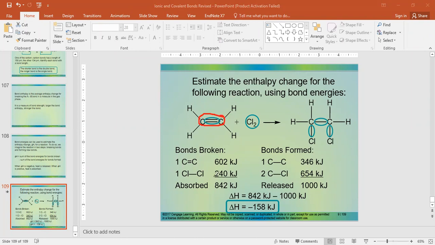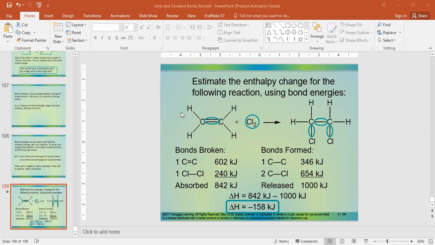That bond is broken. You also have a carbon hydrogen bond broken.